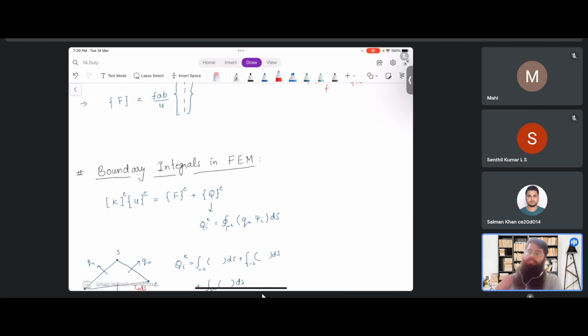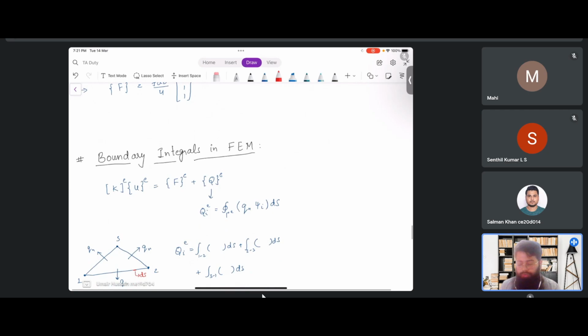So yeah, this was it regarding getting the element level equation and our element level vectors and matrices for the triangular three-noded elements and four-noded rectangular elements. Now the next thing we are left with is the boundary integral term.